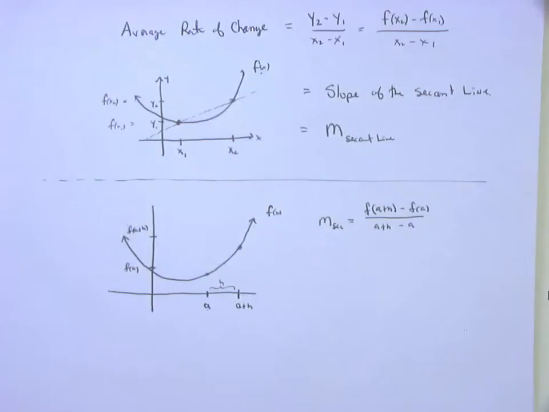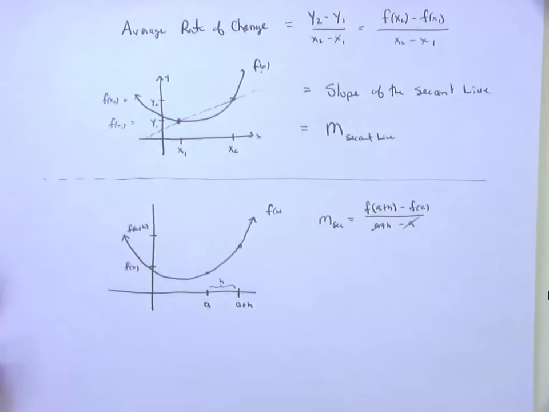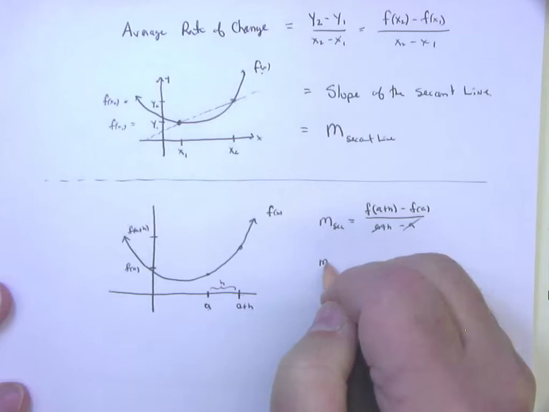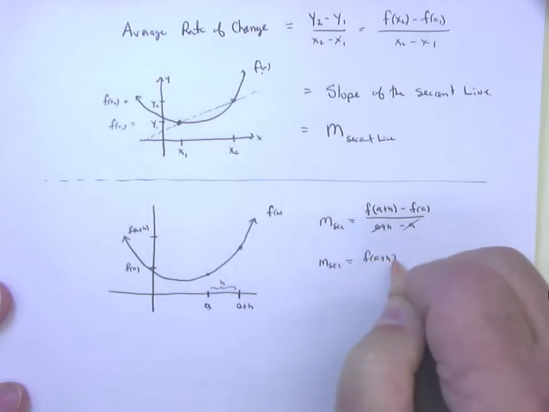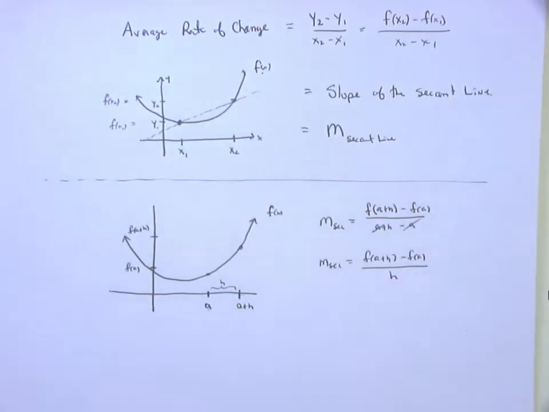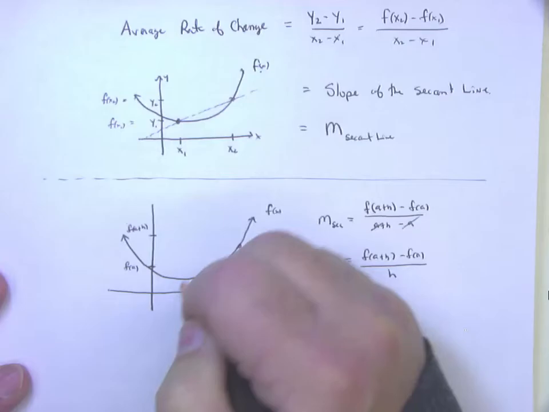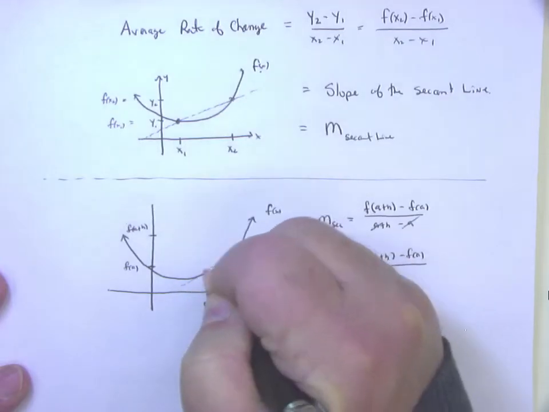Does that make sense? But this one, the way we've written it up, you can clean it up a little bit. If I clean it up, you'll notice the A minus A cancels for you. So you get a little formula: the slope of the secant line is going to be f of A plus h minus f of A all over h. And what you're doing here is you're finding the average slope between these 2 points.